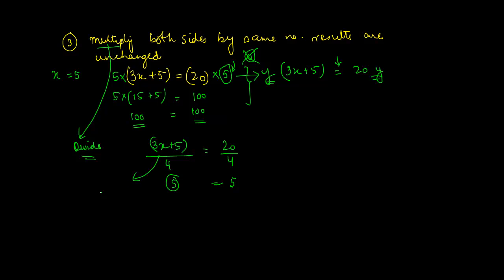But this can also be written as 3x upon 4 plus 5 upon 4. The usage of putting this like this is something which we are going to see as we move through our problems in the next section. So these are basically what a linear equation is and what the rules of solving linear equations are.